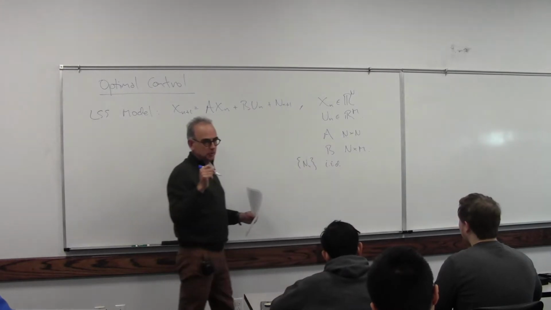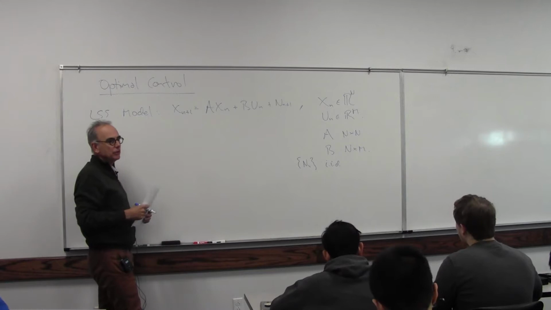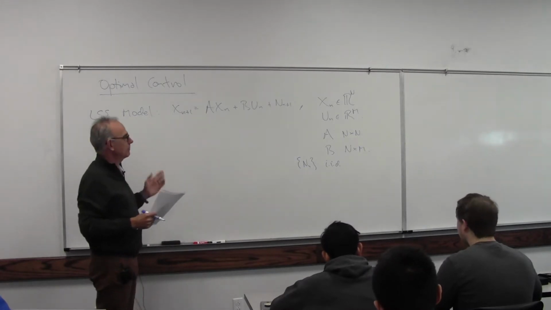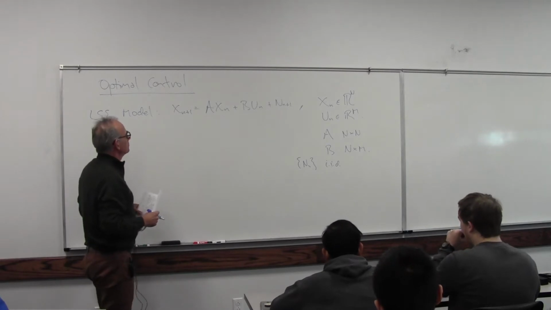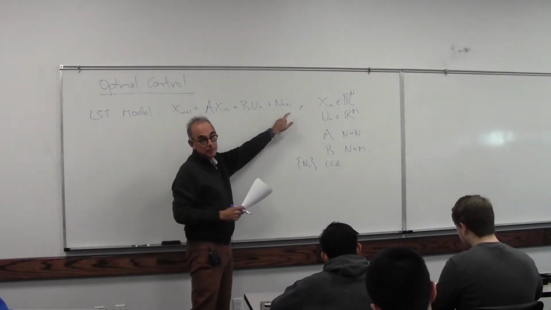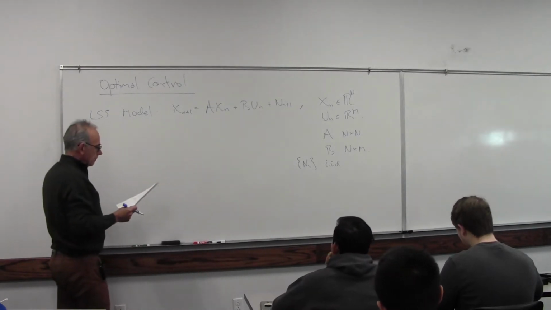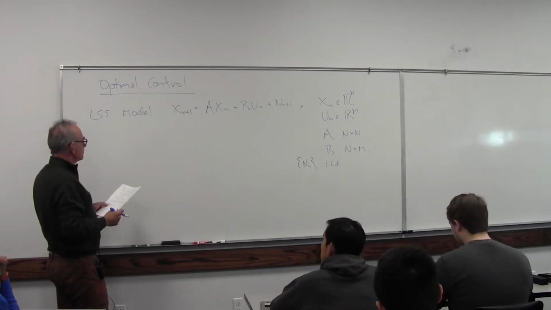Independent and identically distributed. So a sequence of independent draws of, say, a Gaussian random vector, or it doesn't have to be. It could be, its entries could be uniform. It could be exponential, anything. Cauchy. I need a second moment, as we'll see. Not Cauchy.